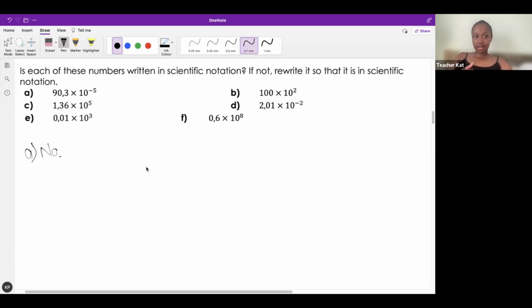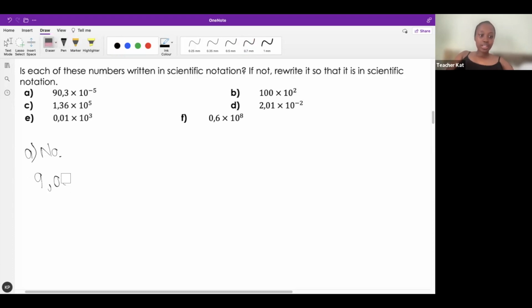Do you see the comma is after the 0, which means it's 90, comma 3. That is not scientific notation. Okay? We want the comma to be where? After the 9. So it has to be 9, comma 0, 3.